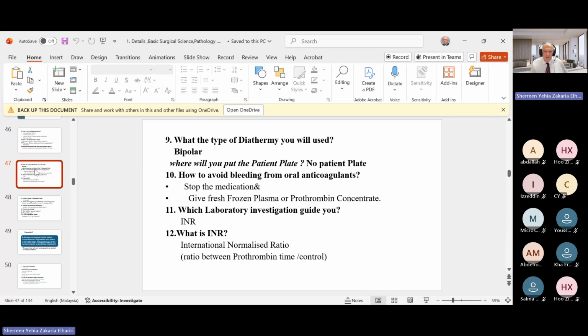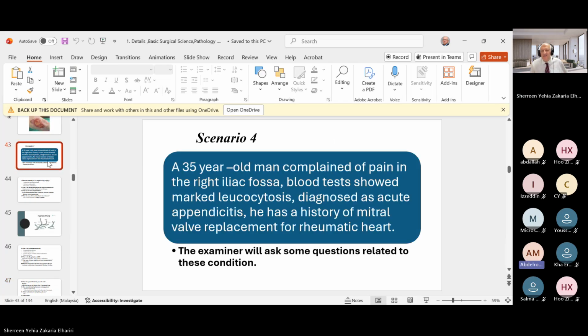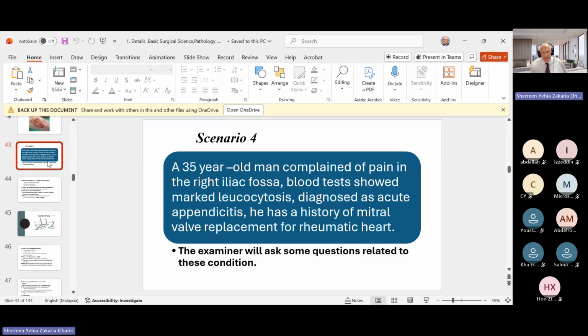Okay. So this patient is on an oral anticoagulant. So what will you do for that? I will first check the efficacy of the oral anticoagulant. How to check the efficacy? By INR. What does INR mean? International normalized ratio.